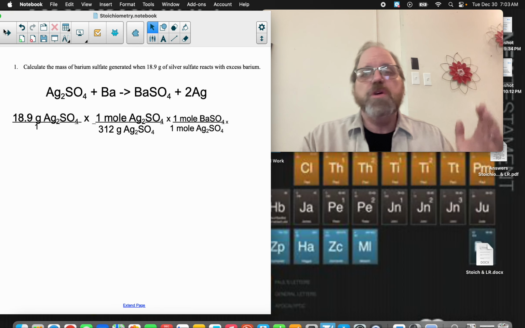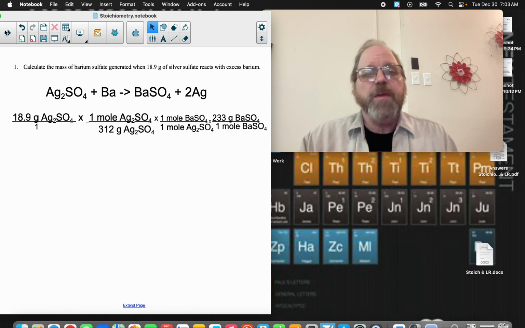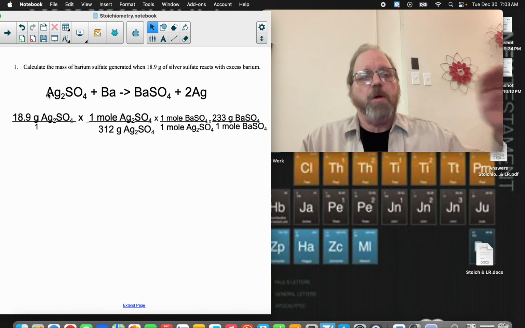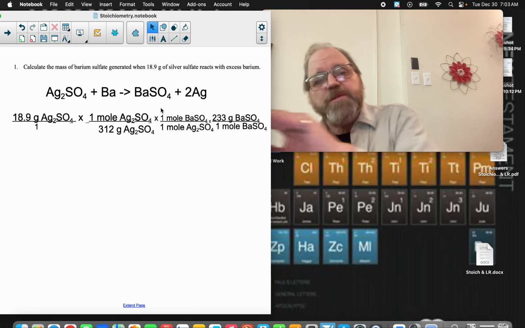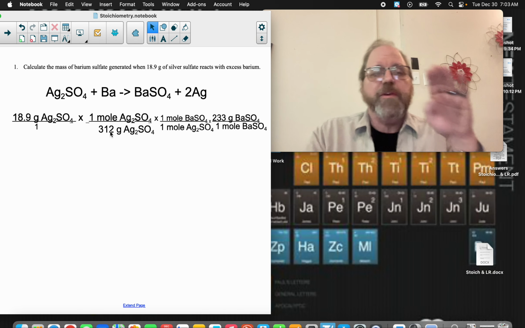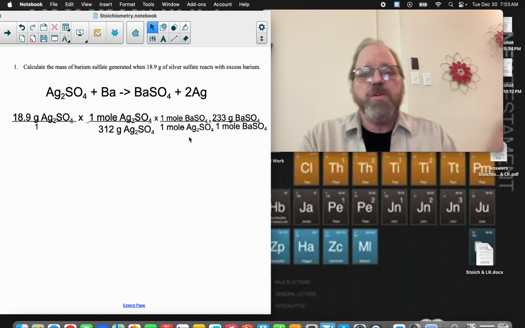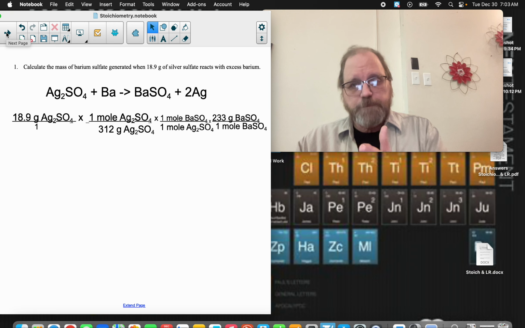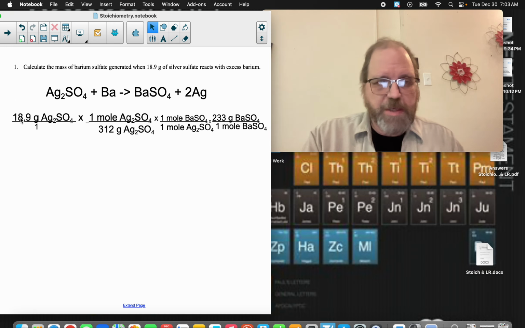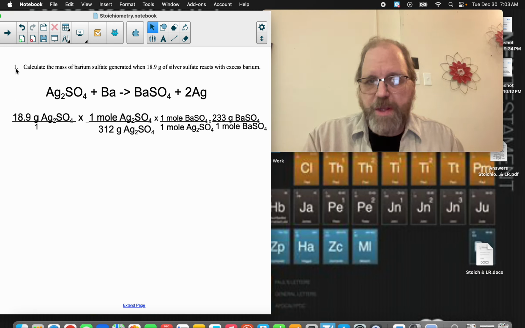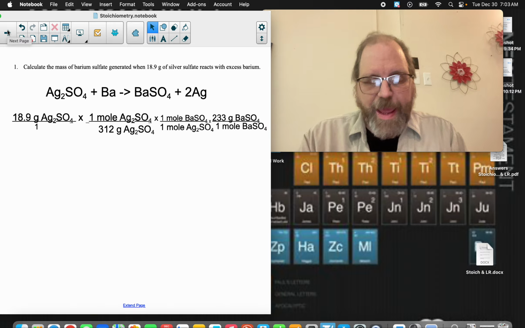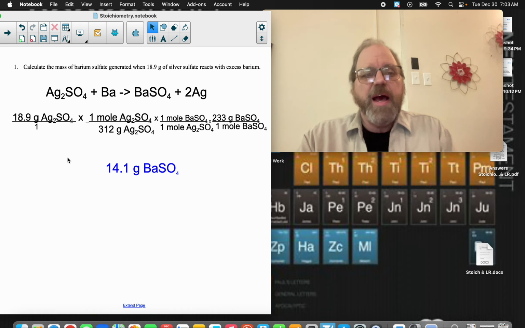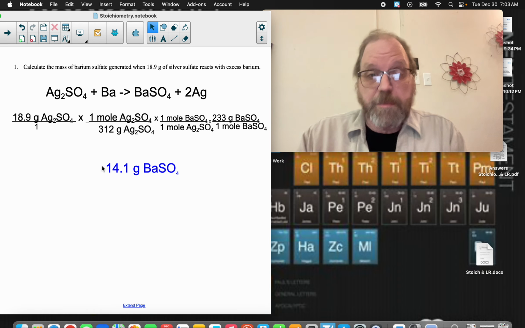We get 233 grams. Multiply across, 18.9 times 233, hit equal, divide by 312, equal, divide by 1, equal. Remember to check our sig figs: all the rest of these are equalities, infinitely significant, and 18.9 is 3 sig figs. I get 14.1 grams of barium sulfate.